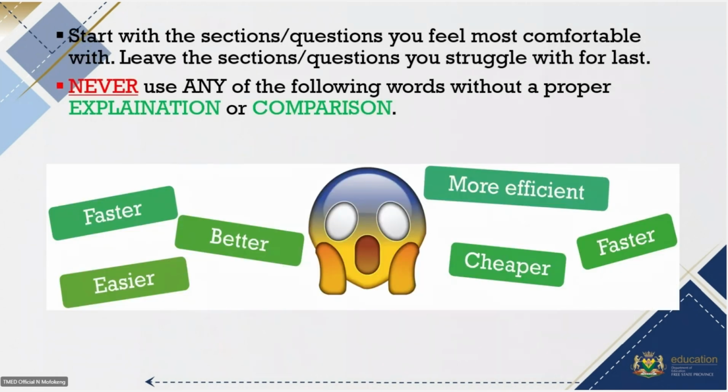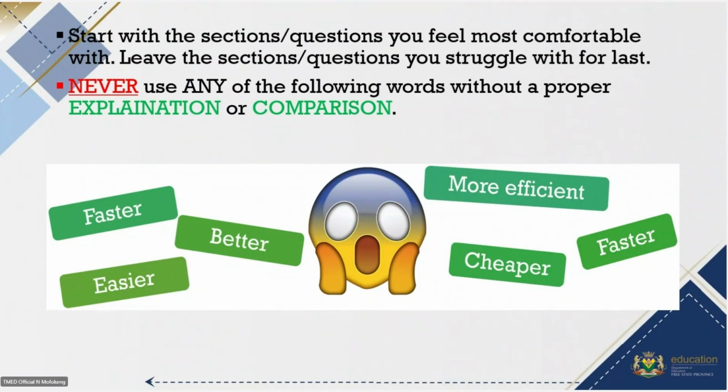Then start with the sections or the questions you feel most comfortable with. Then you leave the sections or the question that you are struggling with for last. So you don't necessarily have to start with question one just because it is the one that is beginning, that is starting your question paper.